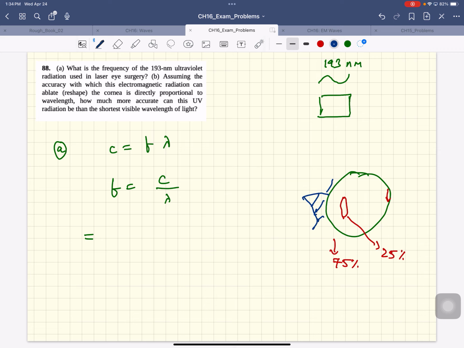They use this wavelength so they can vaporize cell by cell. If they used a long wavelength, the laser would not be able to burn small areas. Do you understand now? That's where the wavelength comes in.